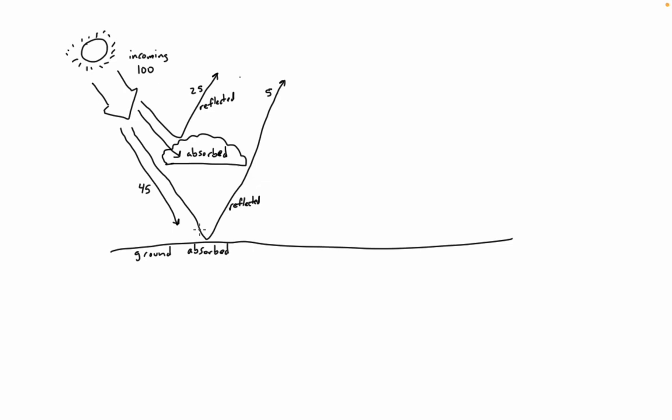Okay, so this is one aspect of this balance. You can see we're getting out around 30 reflected. So that's that term when we say the albedo is 30. That's the 30 there.